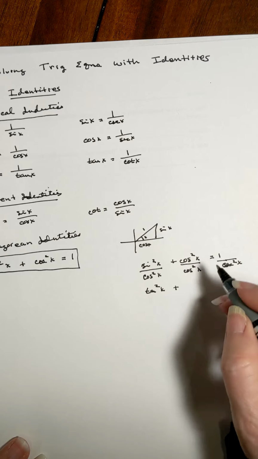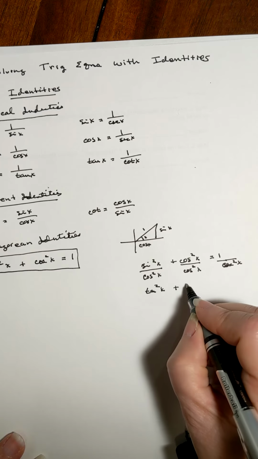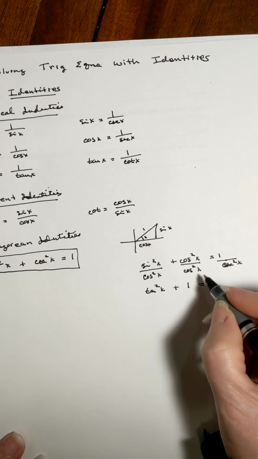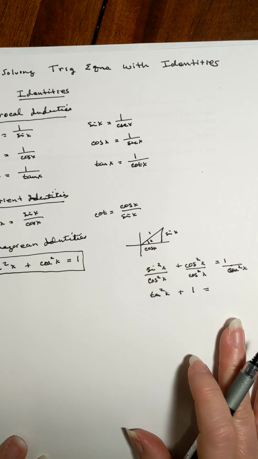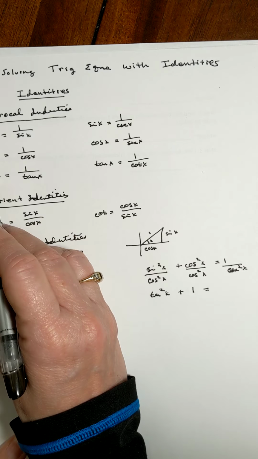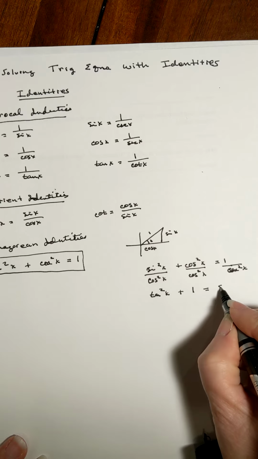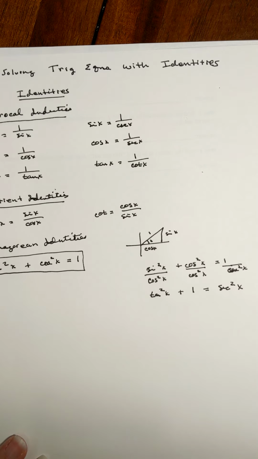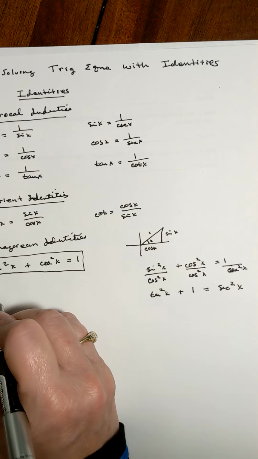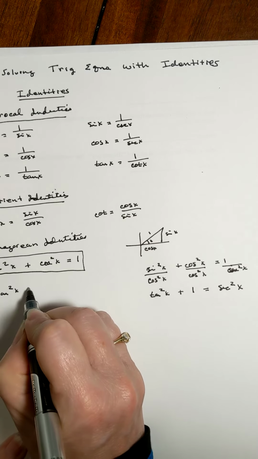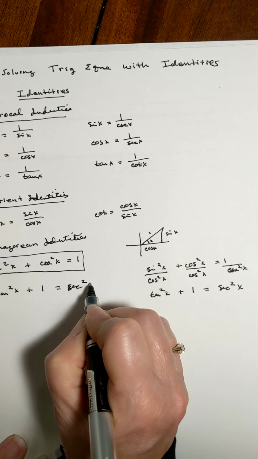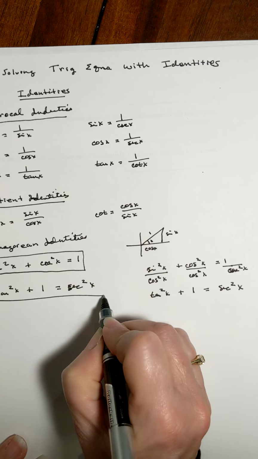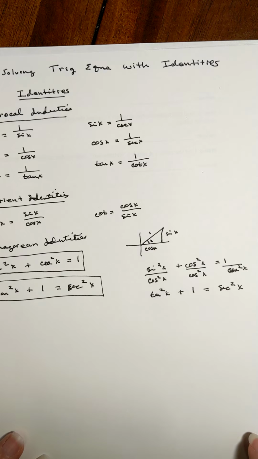And then here, cosine squared of x over cosine squared of x would give me 1, because they cancel. And then 1 over cosine squared of x, if I look up here, 1 over cosine of x is secant of x. So this would be secant squared of x. And so that gives us our second Pythagorean identity, which is tangent squared of x plus 1 is equal to secant squared of x.